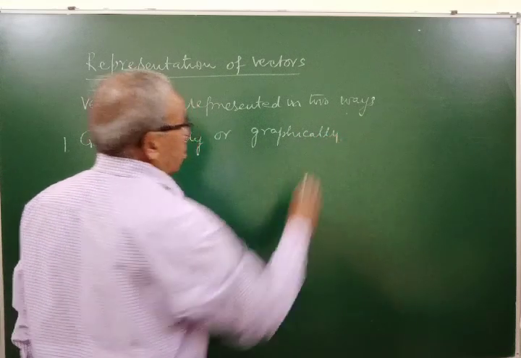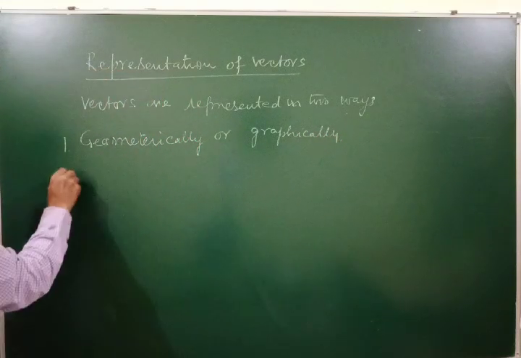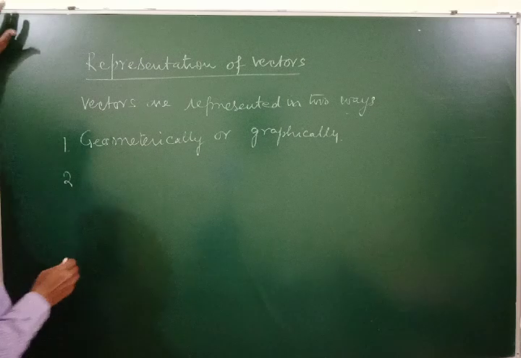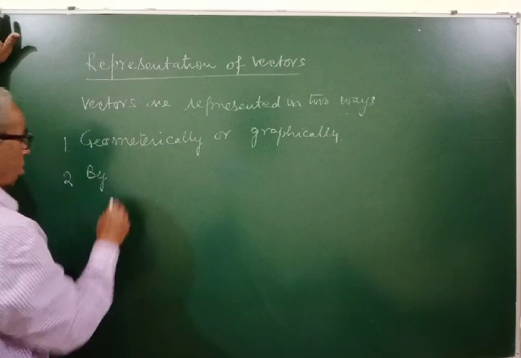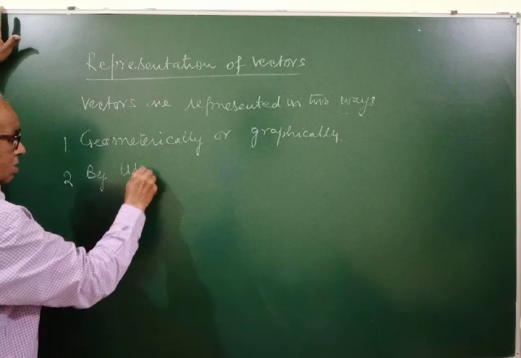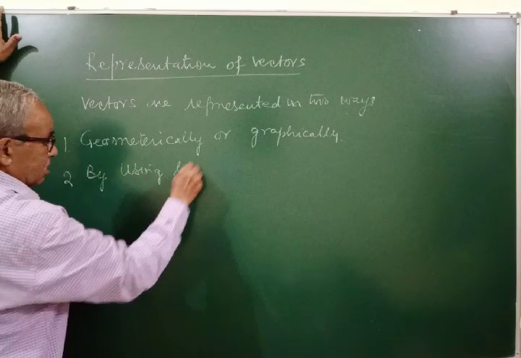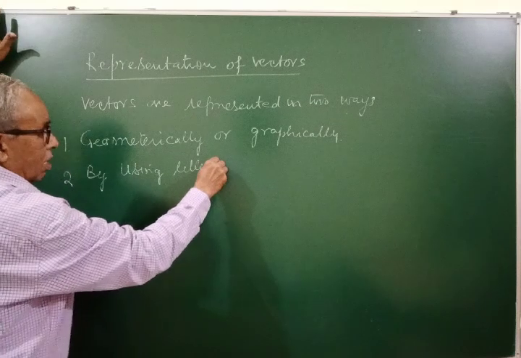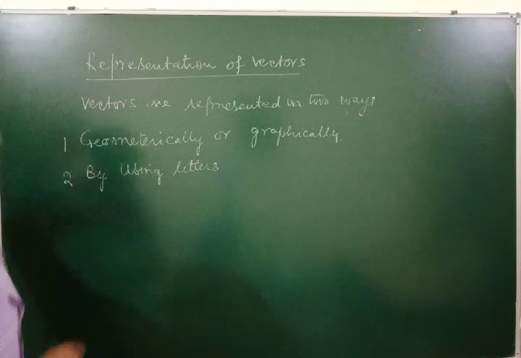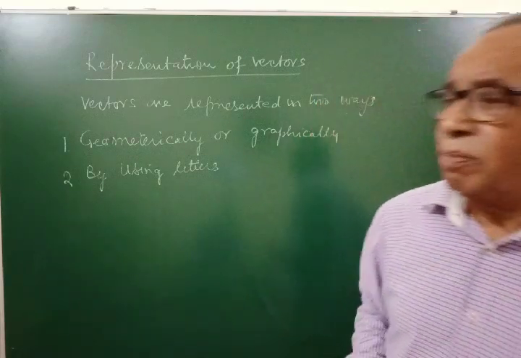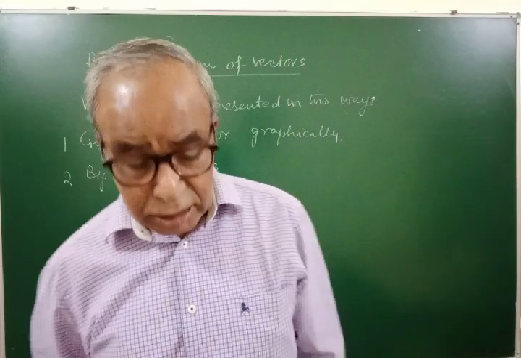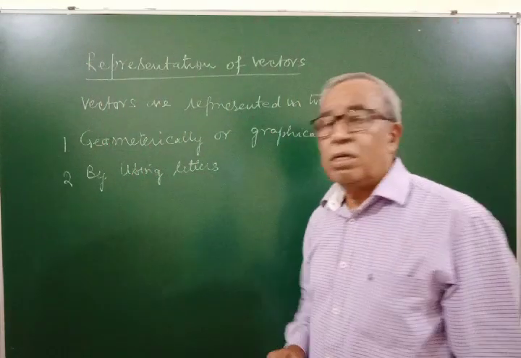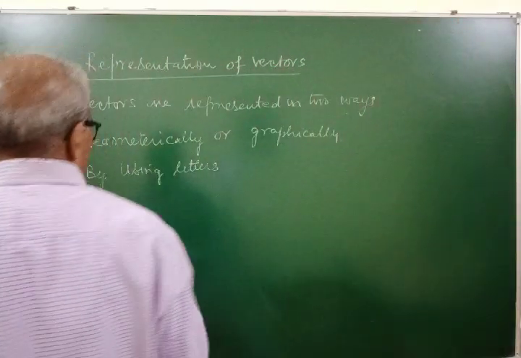And number two, by using letters A, B, C, D. Actually, some people may write using alphabets. Alphabet is one only which consists of all these letters, so don't be confused.